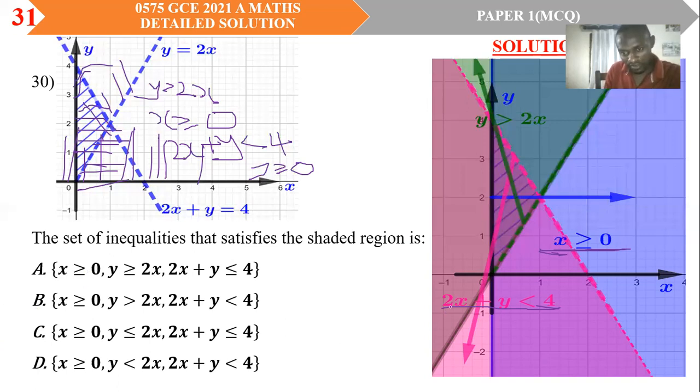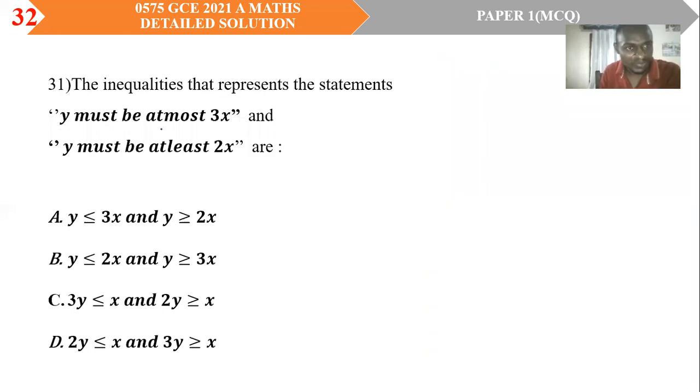The second is 2x plus y is less than 4. The third is y is greater than 2x. And looking at this series of answers, you see that the answer is B. Only B is directly in line with what we have just done. So we move to question 31.